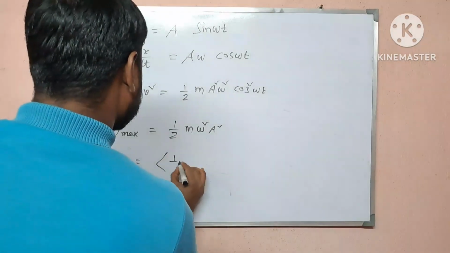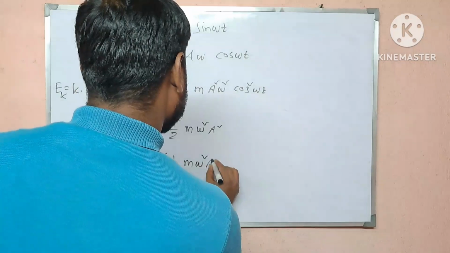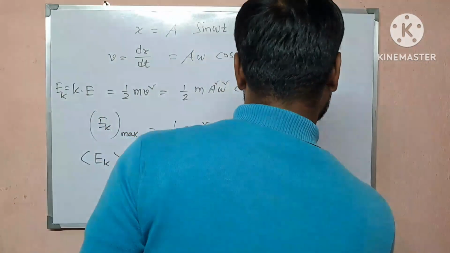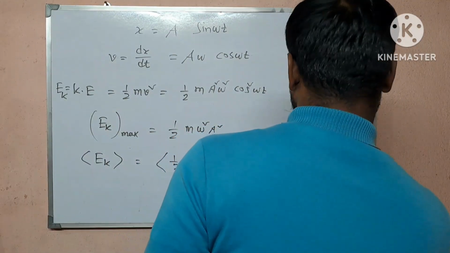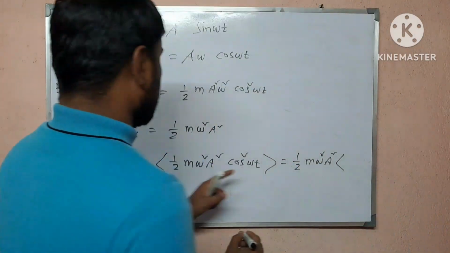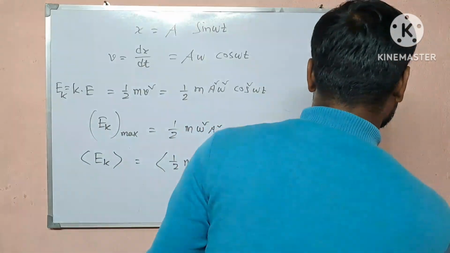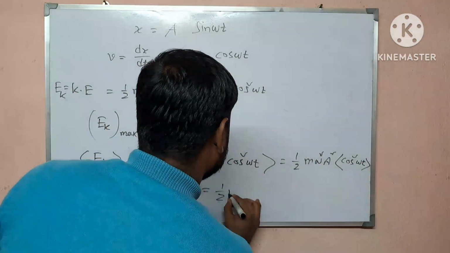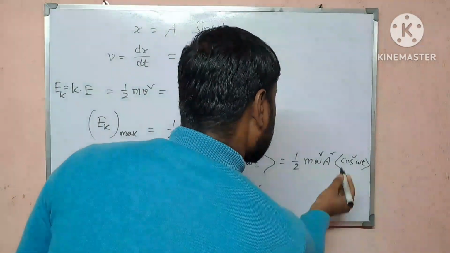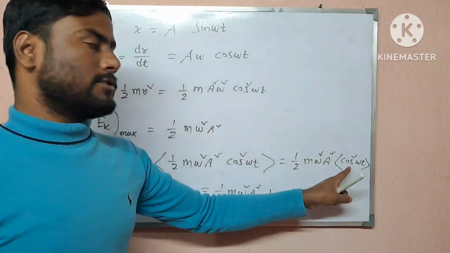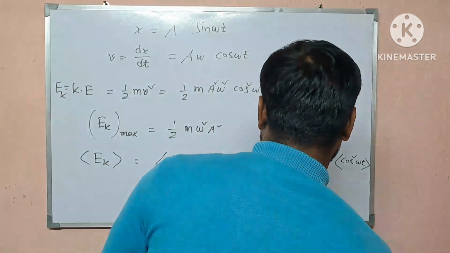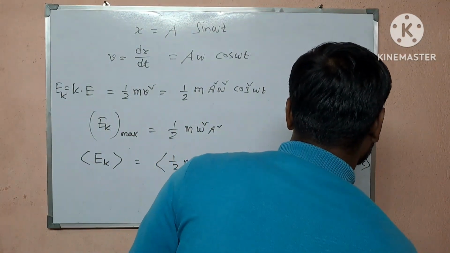The average value of kinetic energy will be half m a square omega square into the average of cos square omega t. Half m a square omega square will come outside the average notation. So there will be half m a square omega square into half, because if you take the average value of the cos square function, the value will be half. So that will be 1 by 4 m a square omega square.